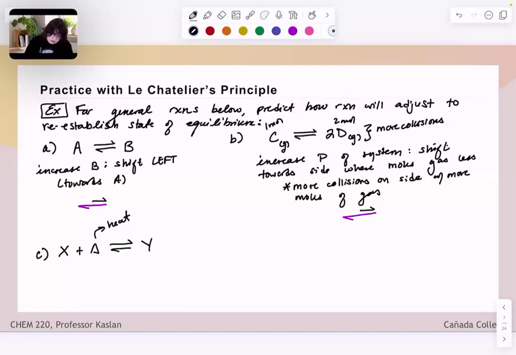And what's going to happen if I increase the temperature of the system?